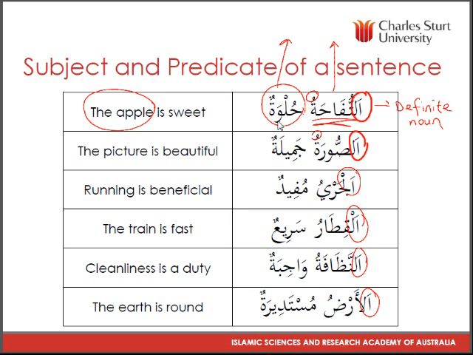Yes, that's right. Hulwatun is nekra, for example, here. It has no al, and it has tanween at the end, and it means sweet. So in this way it becomes a sentence. At-tufahatu hulwatun. It is a complete sentence with subject and predicate, with mubtada and khabar. So tufahatu, apple, is ma'rifah because it is definite. Ma'rifah means definite noun.